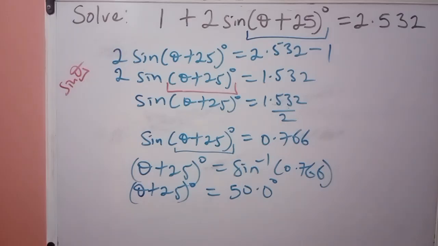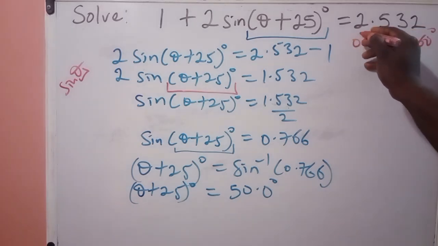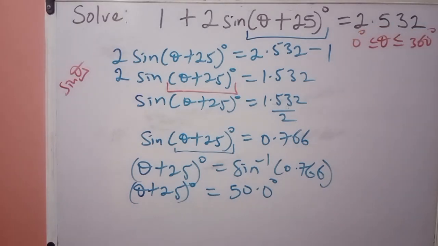Of course, just so I remind you, this particular question, we have our condition set that theta was between 360 degree and 0 degree. So you have to investigate using your quadrant as usual.